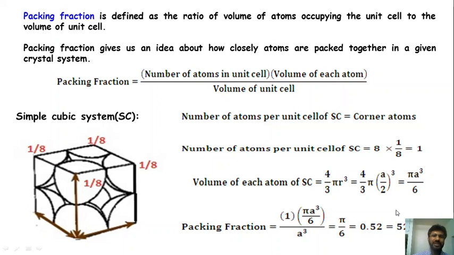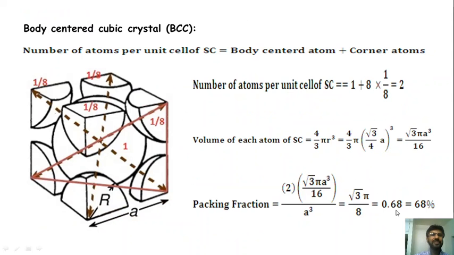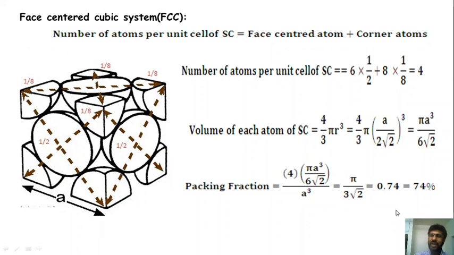Now that means the simple cubic structure has the packing fraction 52%, the BCC structure has 68%, and the FCC structure has 74%. It indicates that in the FCC structure, the number of atoms per unit cell is also large, and due to that, the total number of atoms in the crystal structure increases, and so the density is very high.